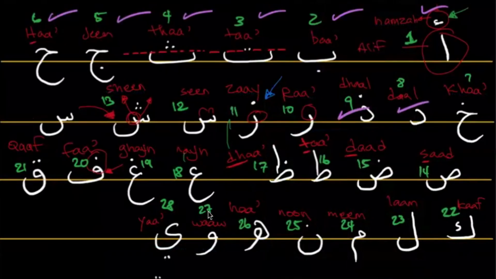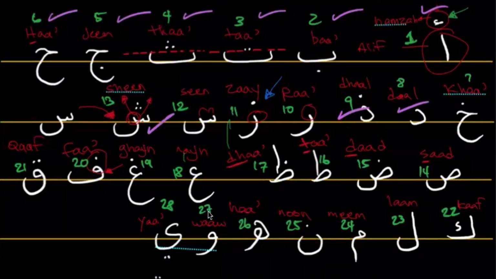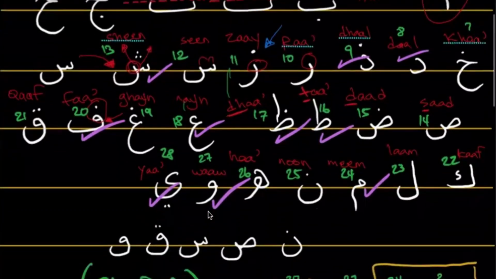Dal is covered. Ra, Zai. Okay. Sin, Sheen is covered. Sad, Dad. Ain is covered. Ghain. Fa is covered. Qaf. Kaf. Lam. Mim we covered. Noon. Ha. Wow, we covered. There's only a few letters left.